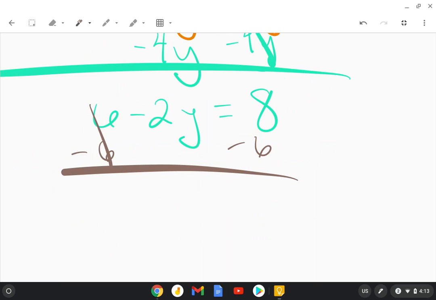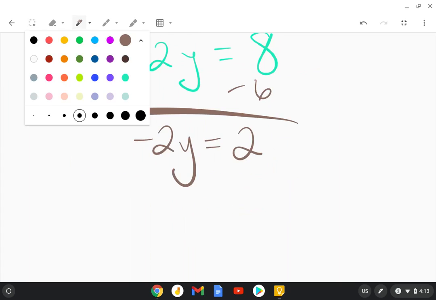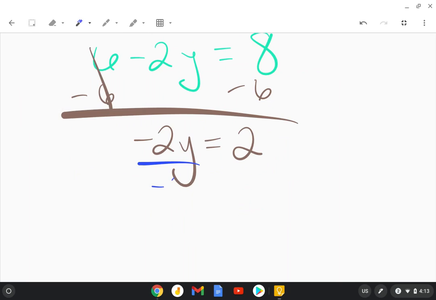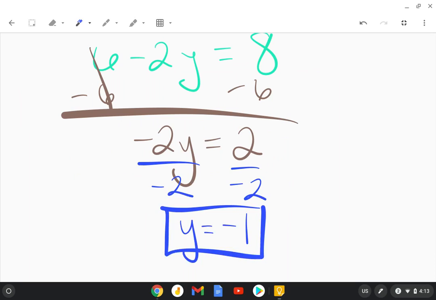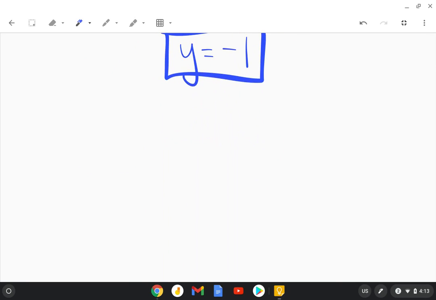Cancels out. Negative 2y equals positive 2. Sorry about that. Positive 2. Then lastly, divide by negative 2 on both sides. Y equals negative 1. That's very much like number 9.